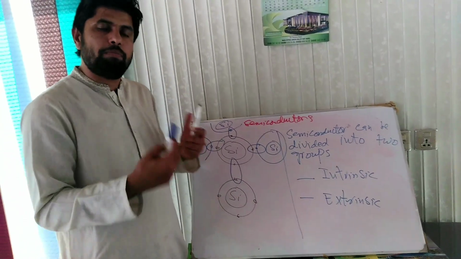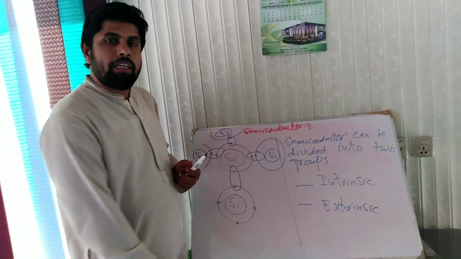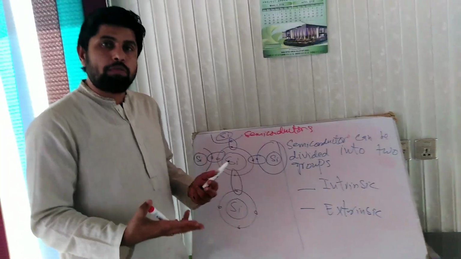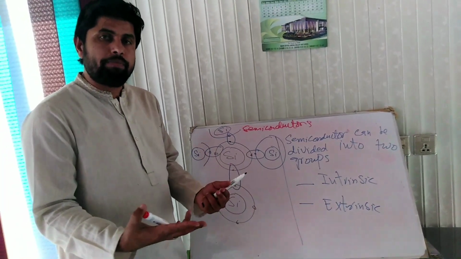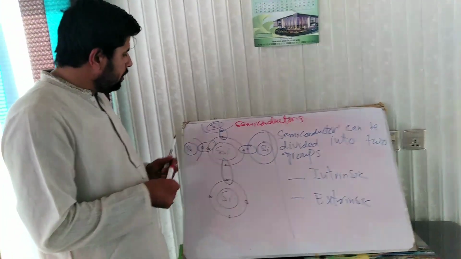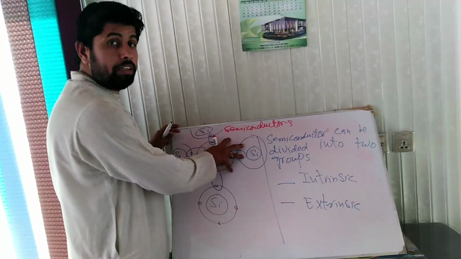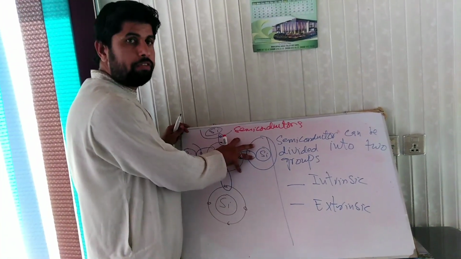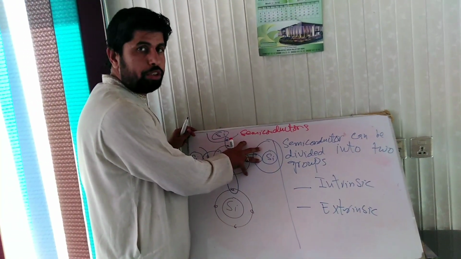In this way, they are completing their last shell with 8 electrons to make the shell stable. So these are called intrinsic semiconductors. Intrinsic means a pure semiconductor with no impurity atoms introduced.